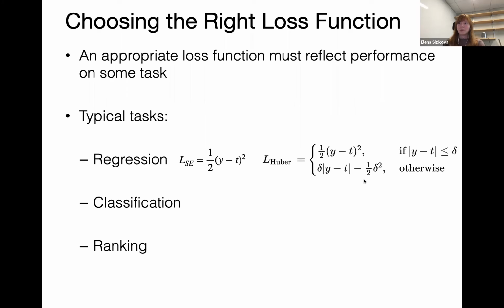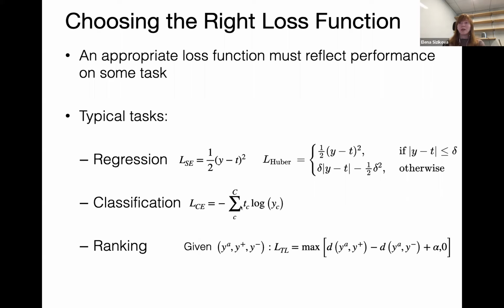So if we have some kind of boundary term, and if we're within delta, then we have one loss, otherwise we have another loss. In classification, the cross entropy, and in ranking, I have this kind of loss.